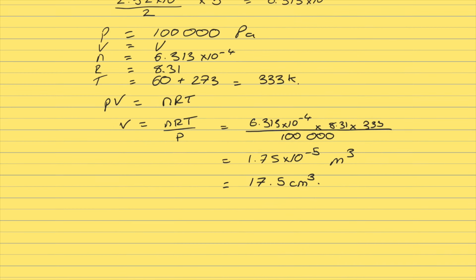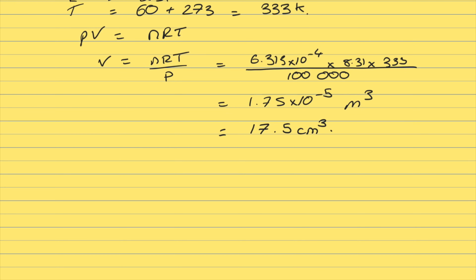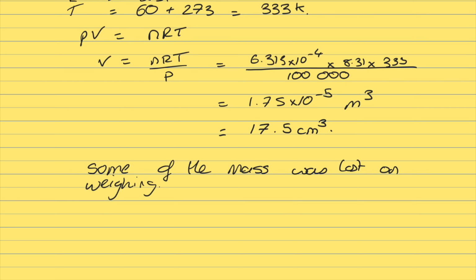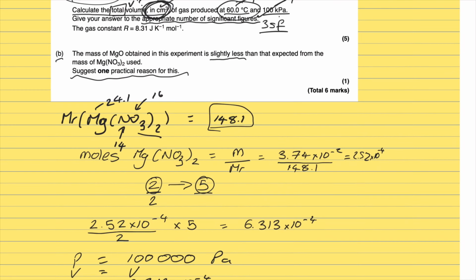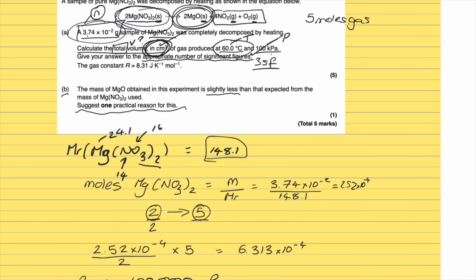The usual answer for this, it's got to be a practical reason, is some of the mass was lost on weighing. Or because we've got a couple of gases, there's a very high probability that some of the gas would have blown away some of the product, so we're not going to have quite as much product.